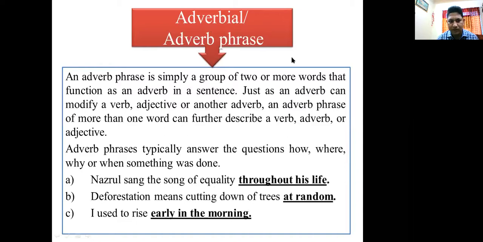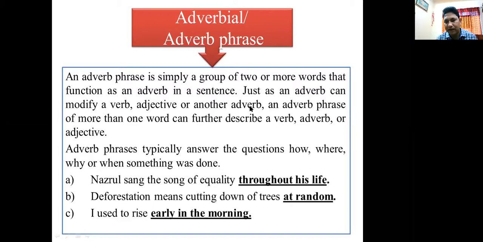Adverbial or adverb phrase. An adverb phrase is simply a group of two or more words that function as an adverb in a sentence. That means that an adverbial or adverb phrase basically consists of two or more words that function as adverb. Just as an adverb can modify a verb, adjective, or another adverb, an adverb phrase of more than one word can further describe a verb, adverb, or adjective.